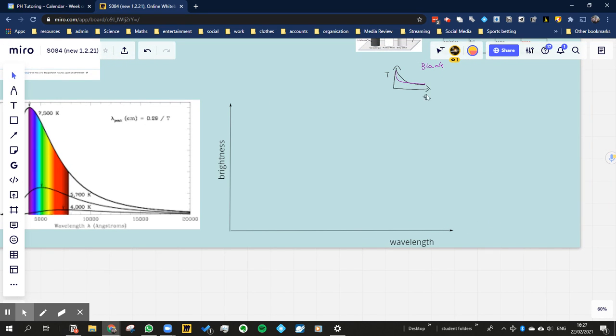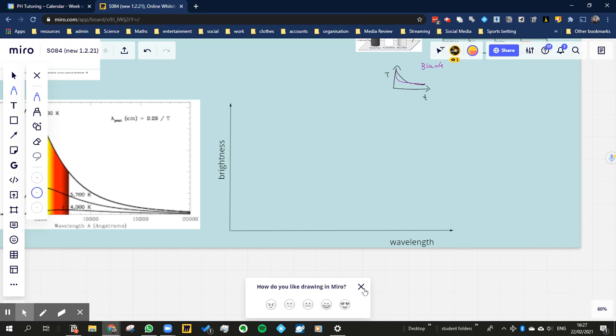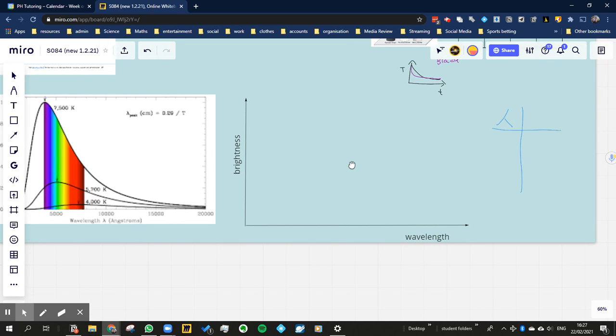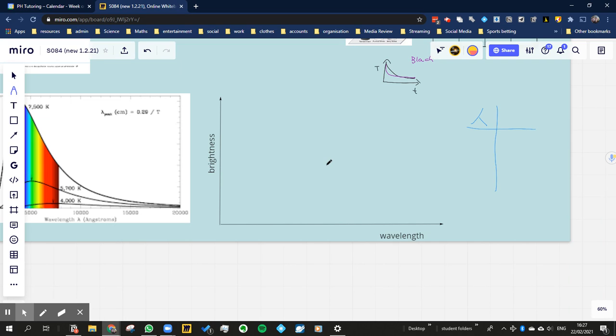So we've got this machine, and it's detecting different wavelengths, and it wants to know how bright the light is at that wavelength. So it might start off by saying, how bright is the light of, I don't know, say 500 nanometers, and it will give us a brightness.